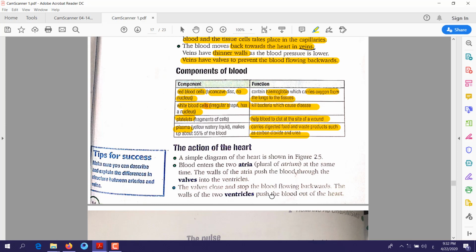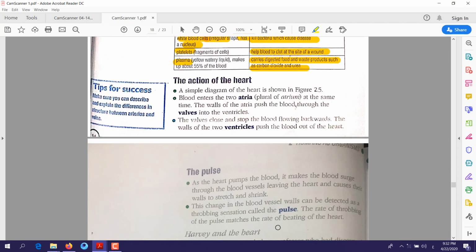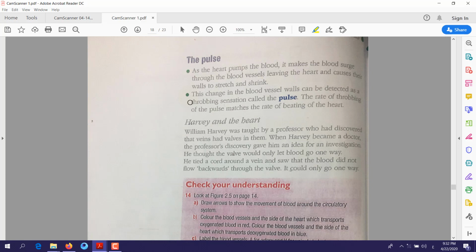This blood comes through the arteries, then goes to the lungs, then from the lungs back to the heart, then to the body tissues, and then back from the body tissues to the heart through veins. So you just need to know the artery and vein and also the blood capillaries.